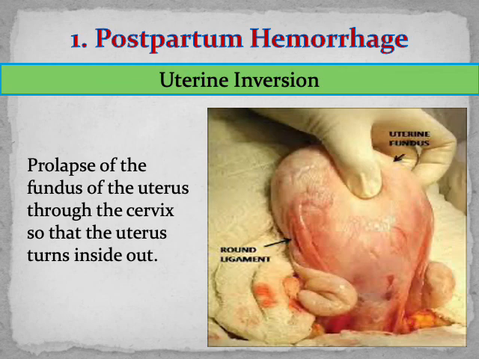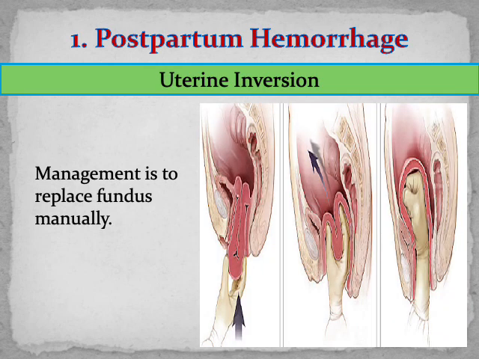Okay? Uterine inversion management is to replace the fundus manually. You can see in the photo how it's being done. It looks easy, but it's not that easy to do. General anesthesia is needed.